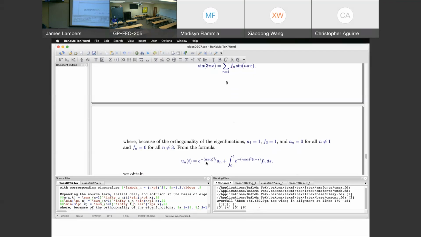If for a given value of n, both a_n and f_n are 0, the solution is 0. So nearly all of these will be 0. The only ones that won't are indices where at least one of these is non-zero. So for instance, for n equal 1 and n equal 3, we'll have a non-trivial solution.